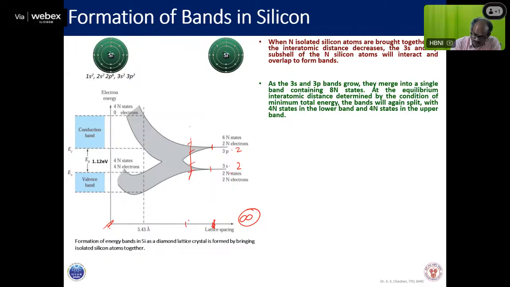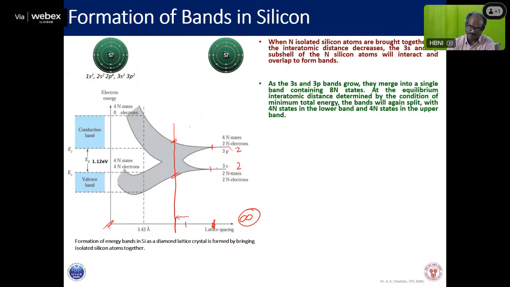If I further reduce this, and make a solid with this particular interatomic spacing, in that case there will not be 2 levels. There will be only one energy band which has this much width. The y-axis is the energy axis.